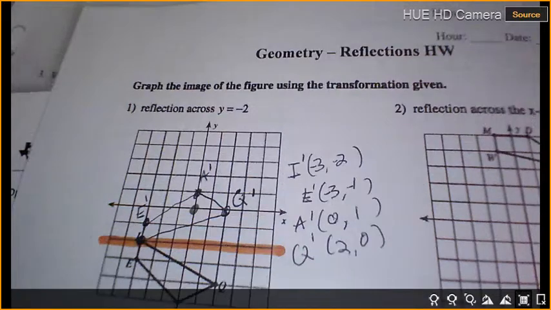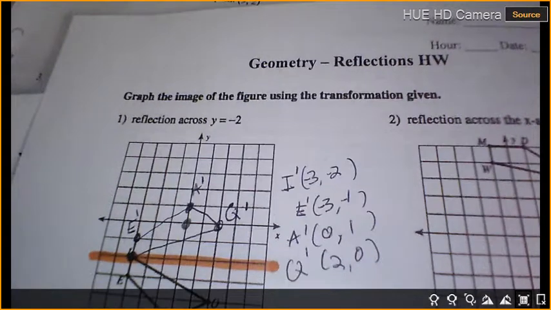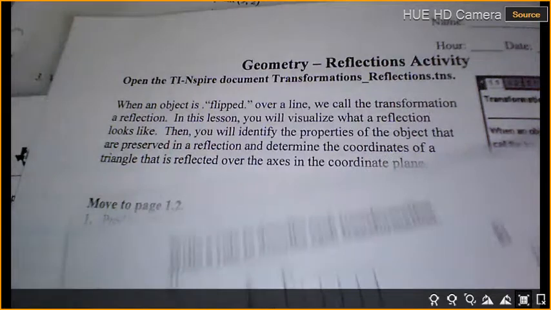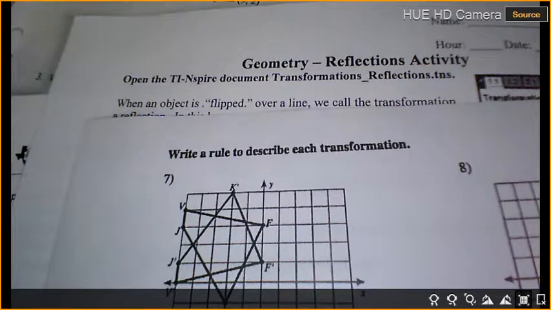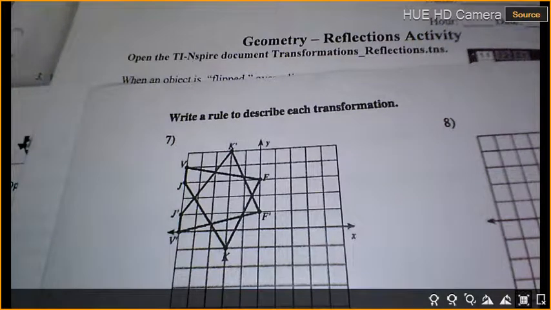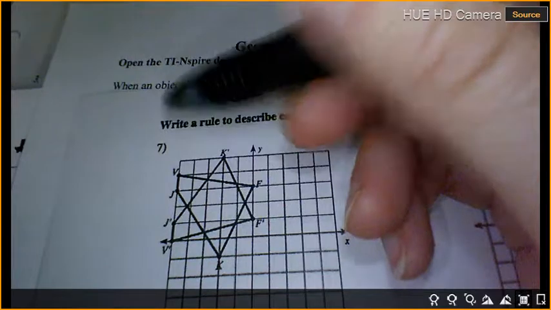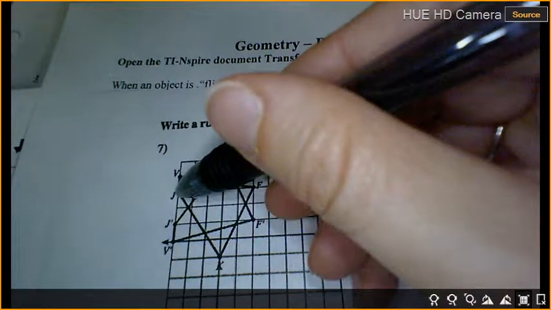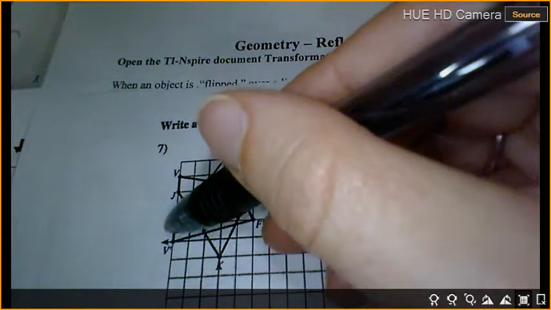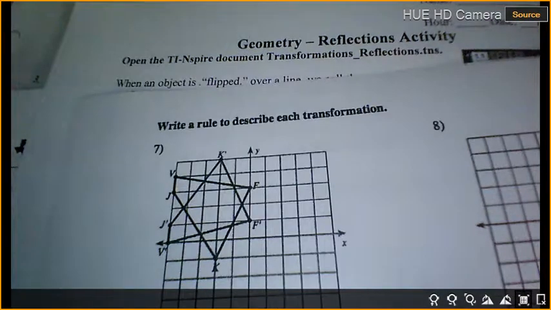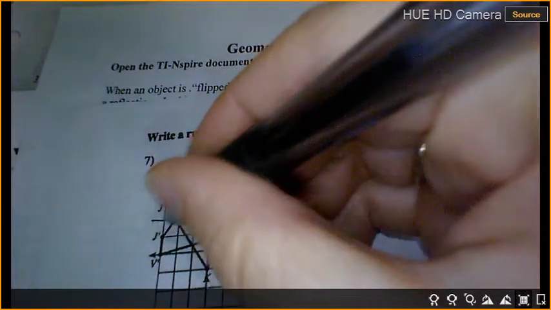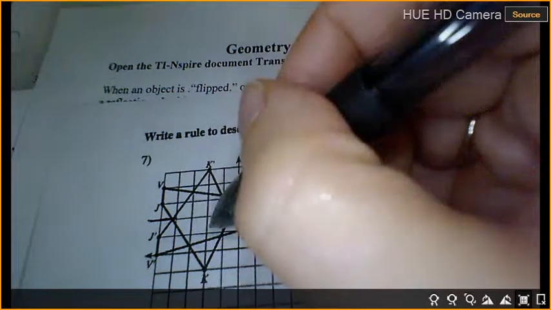Okay, let's look at the back of this. We are just trying to figure out where the line would be that would make them reflect. So if I look, I'm just going to look at number 7. See how J is right here and my image J is below it? So I'm going to guess that my reflection line has to be right in between there.